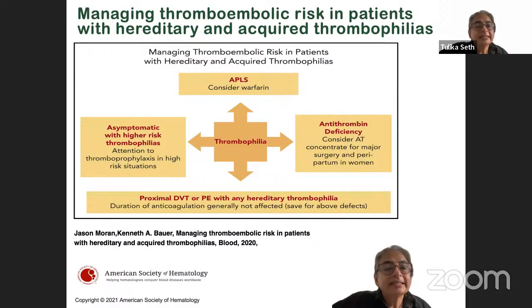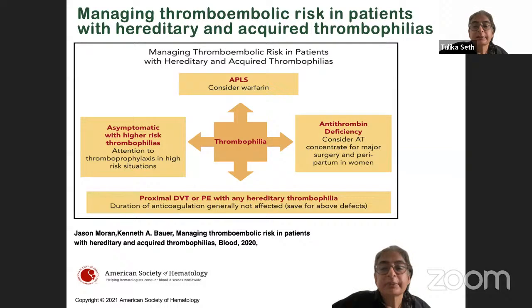So if you have an asymptomatic patient who has a thrombophilia, it's important to see what is going on. You can manage these patients with warfarin.